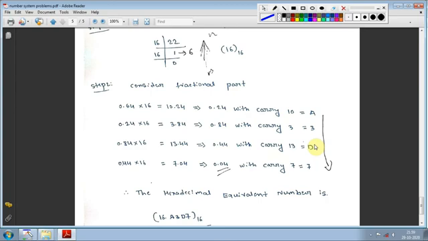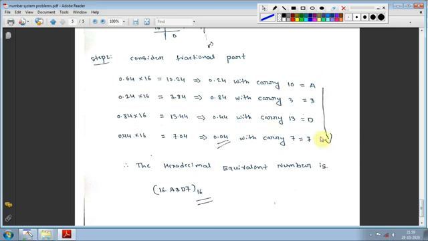Normally it will be 3 digits, but for now I have solved for 4 digits. Then the hexadecimal equivalent will be the 16 I got previously, and after that I write A3D7. So this is the hexadecimal equivalent including the fractional part.